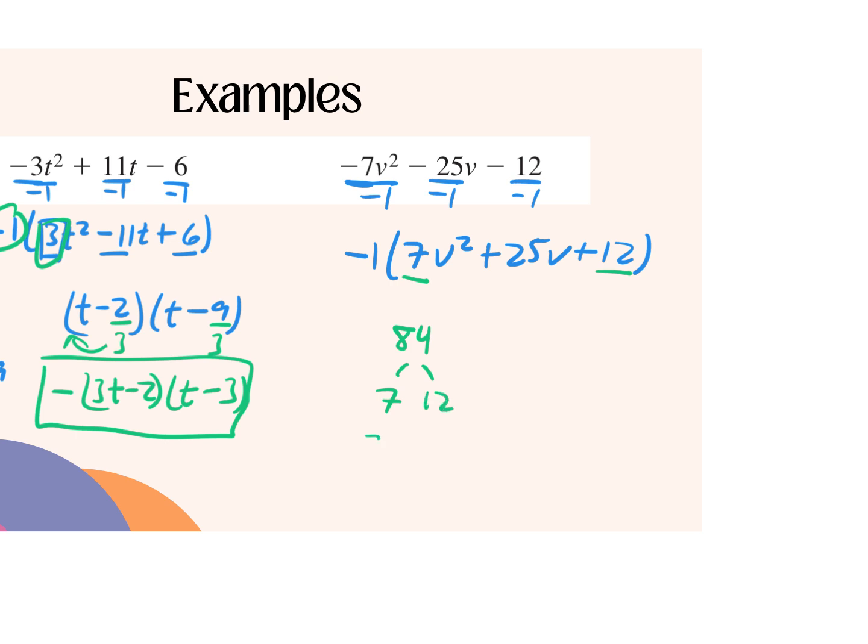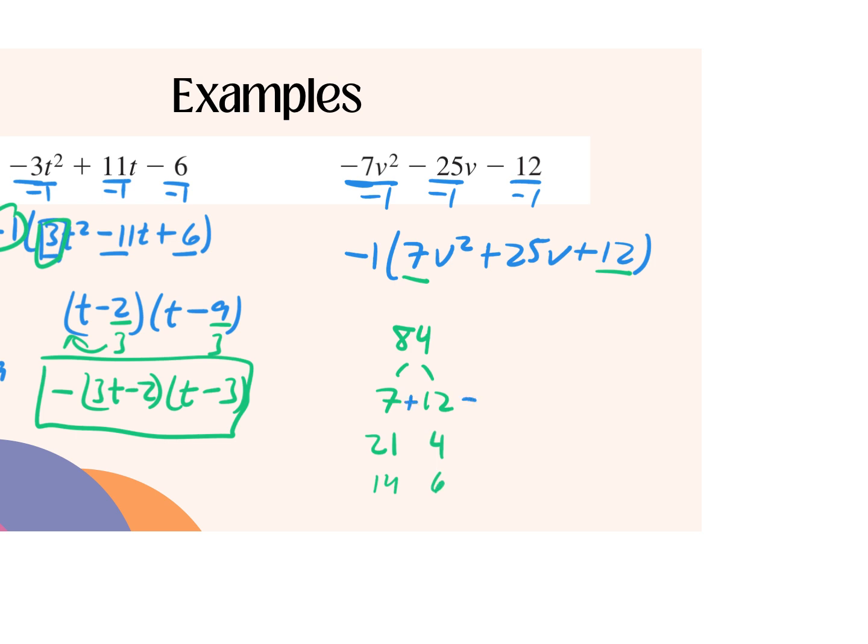Some other factors, 21 and 4, right? If you don't know these off the top of your head, you can try to make a little factor tree as much as you can, and then see what different combinations of factors you can get. I think 28 and 3 are factors. Right, I think 14 and 6, right? So these are just a couple combinations.